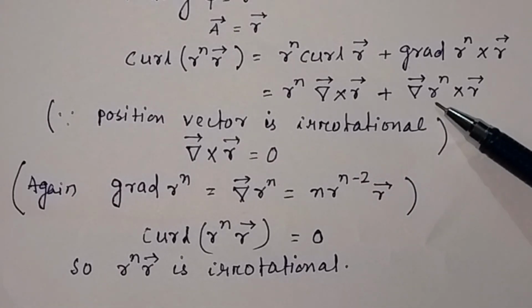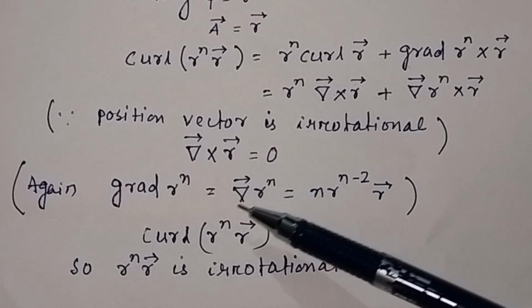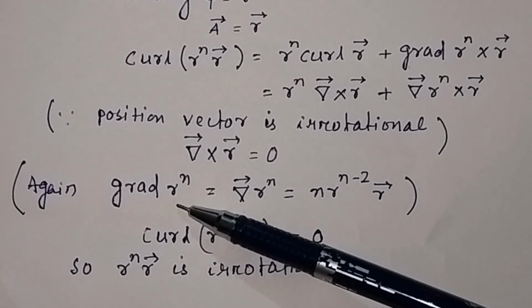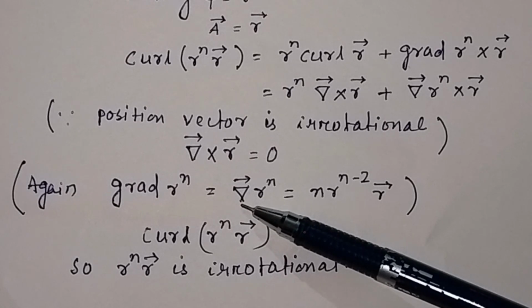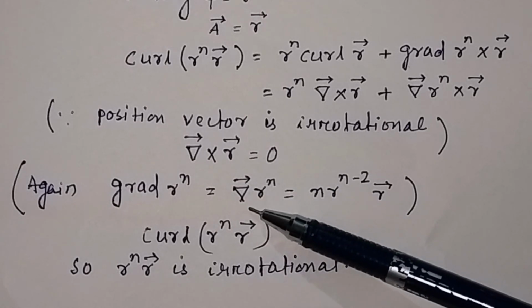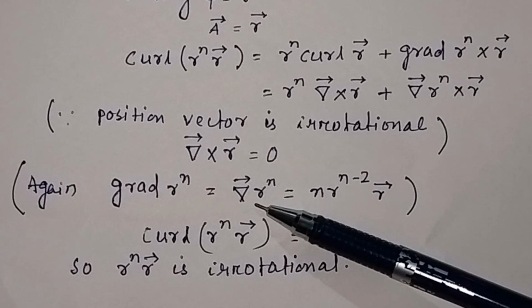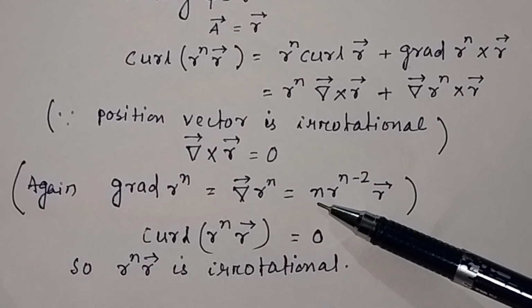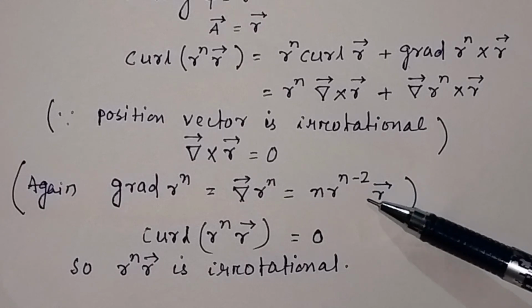Again you see the second term, this is the gradient of r to the power n, and we have also proved in the previous video that gradient of r to the power n, written as del operator with r to the power n, is equal to n r to the power n minus 2 into r vector.